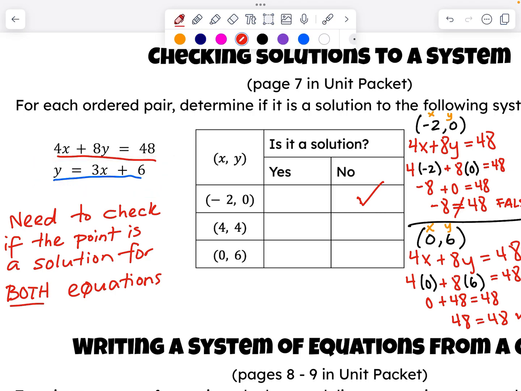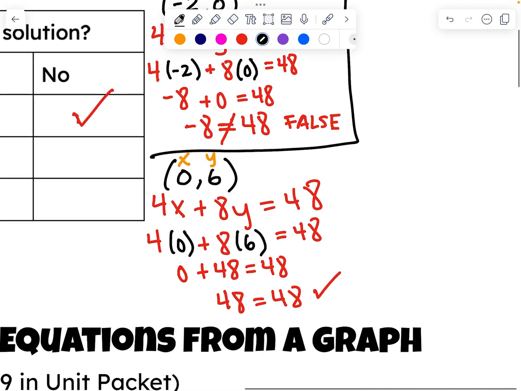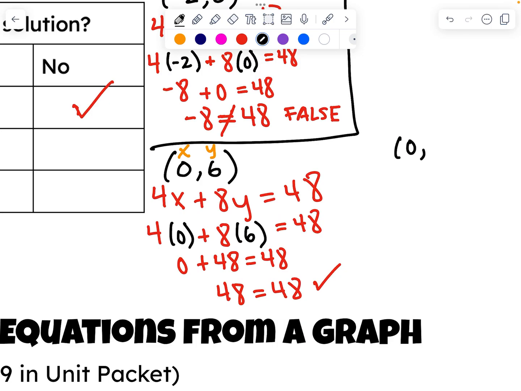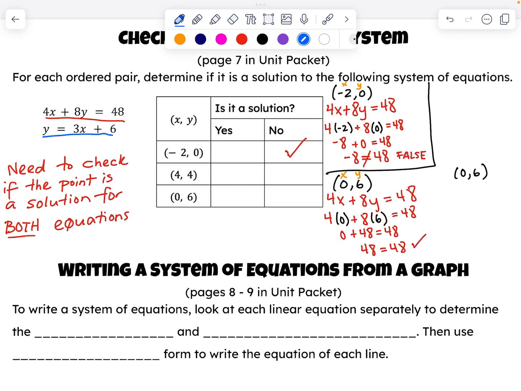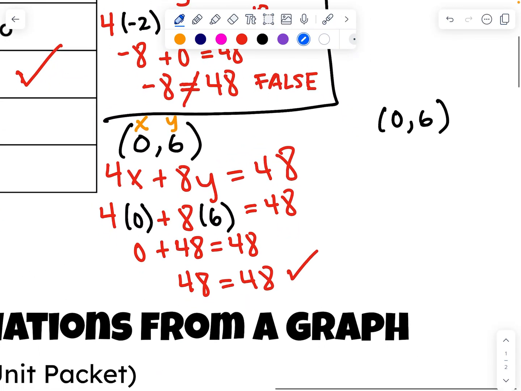So now I need to check the same point 0, 6, but I need to check it in the blue line. And the blue line says y equals 3x plus 6. Okay, so let's do it. Same process, but now with the other line.